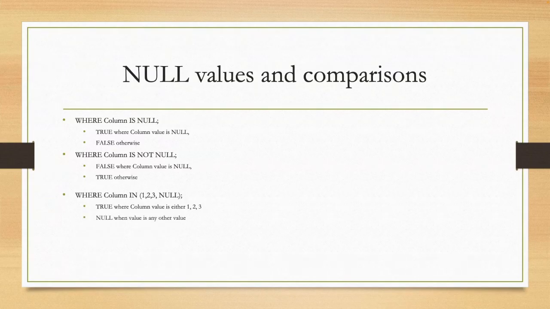And then it is null for any other value. This is because when you're looking for the value, it checks 1, no, false; 2, false; 3, false; 4, null, returns null. If you didn't have a null there, it'd be true or false.